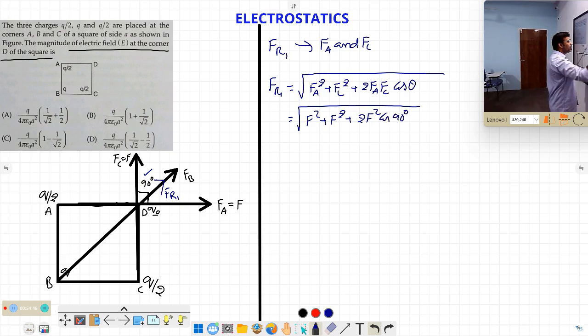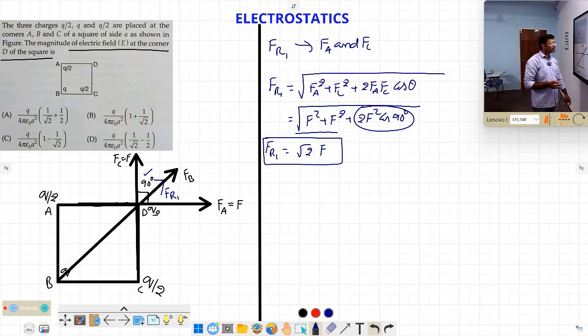Cos 90 is equal to 0, so this total value will become 0. So I can write FR1 is equal to the root of F square plus F square, that is root 2 F square, which is nothing but root 2 F, because square and root get cancelled. So the resultant of A and C will be root 2 F.